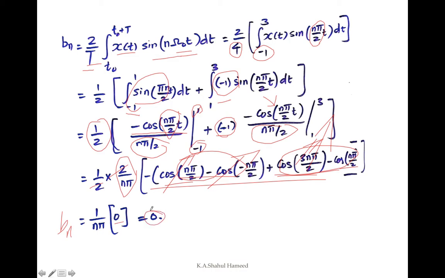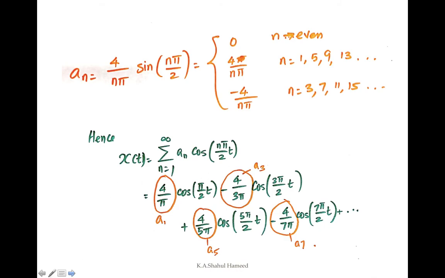Now we have to substitute the values of a naught, bn and an. Here a naught is equal to 0, bn is equal to 0. We have only one coefficient, that is an. an is equal to 4 by n pi sin n pi by 2. For even values of n, the coefficient is equal to 0.